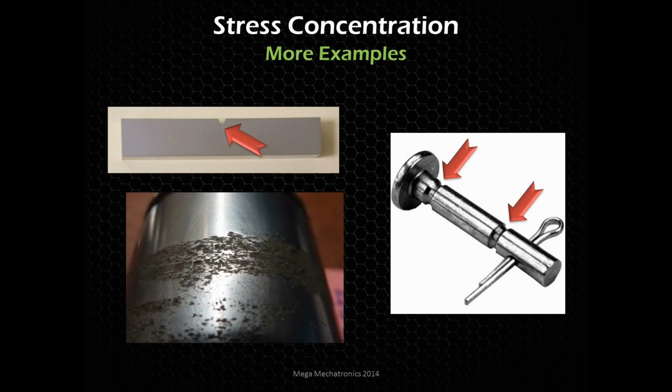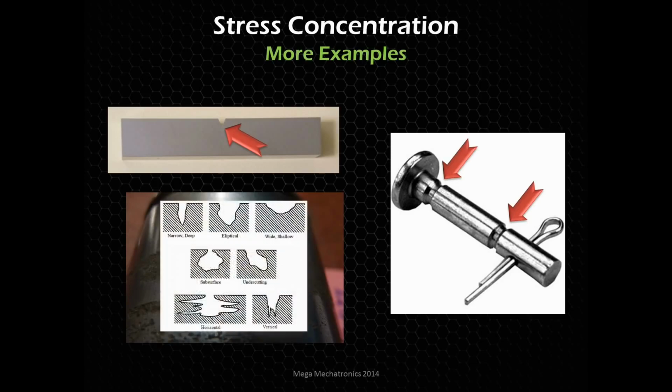And over here we have corrosion pitting. This creates stress concentrators. You see at a microscopic level, a couple of pits here have some very deep and sharp points of stress concentration. All of these are examples of a stress concentration.